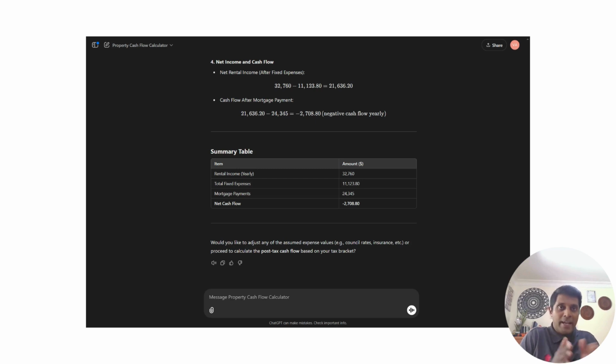And you can imagine, if you go to a third year, with at least a 5 or 6% increase, this property will immediately go into neutral gearing, or into positive gearing itself.